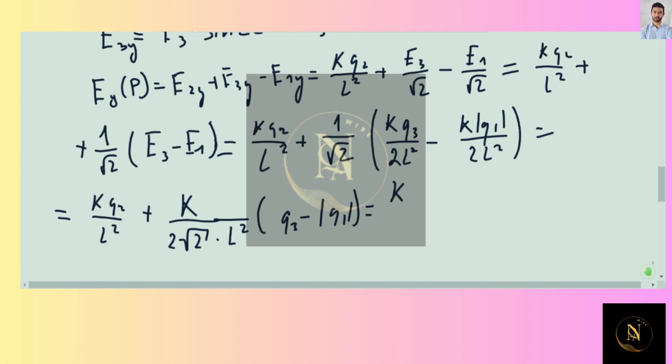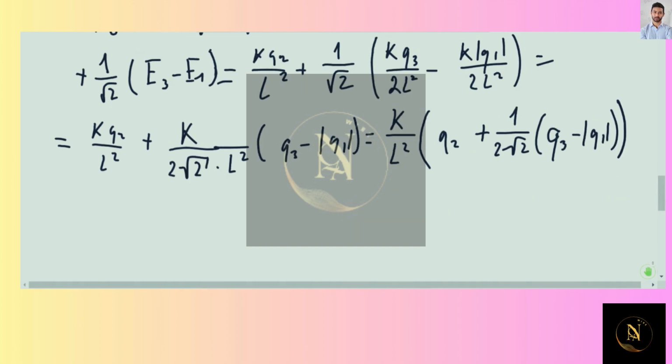It's a little bit long calculation. So it equals k over L squared multiplied by q2 plus 1 over 2 square roots of 2, all multiplied by q3 minus absolute value of q1.